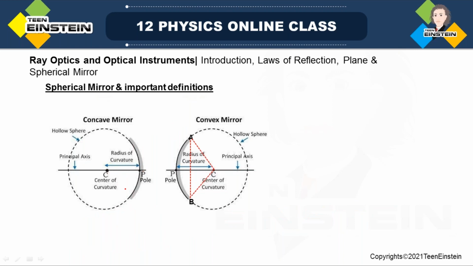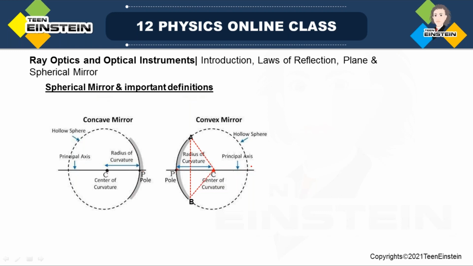Now we'll learn what is called the principal axis of the mirror. The line joining the pole and center of curvature, if you extend that on either side, you will get the principal axis. You look here. This is the center of curvature, this is the pole. If you join them and extend the line on either side, this will be the principal axis.